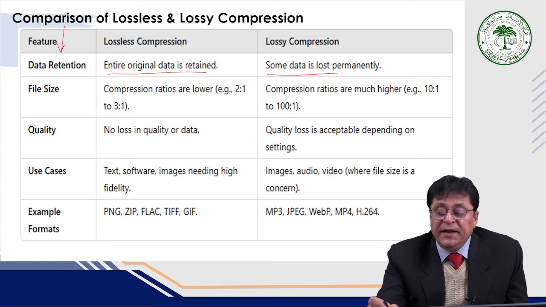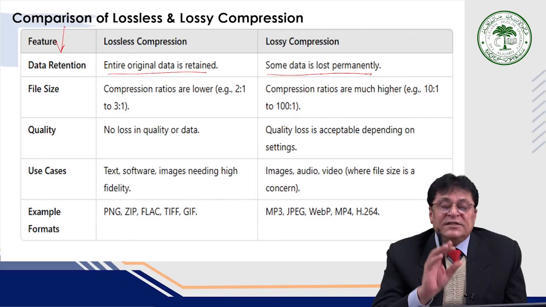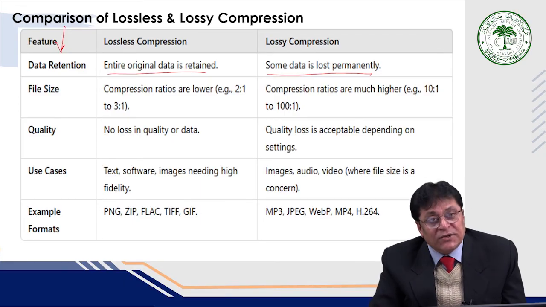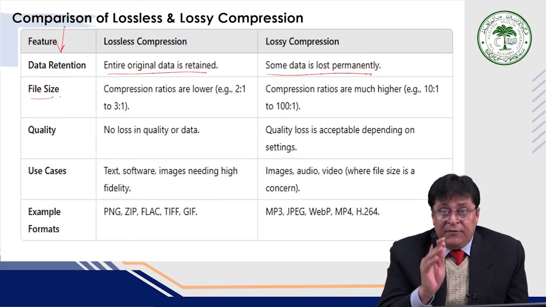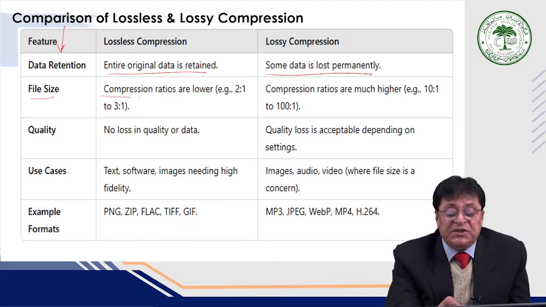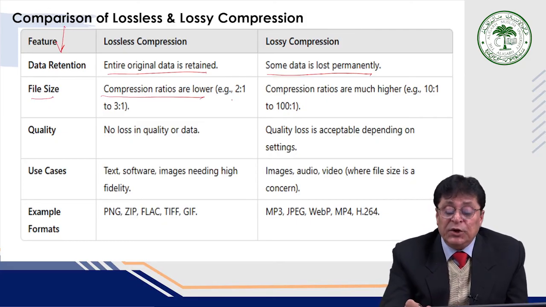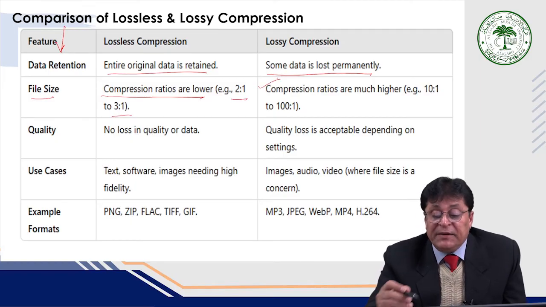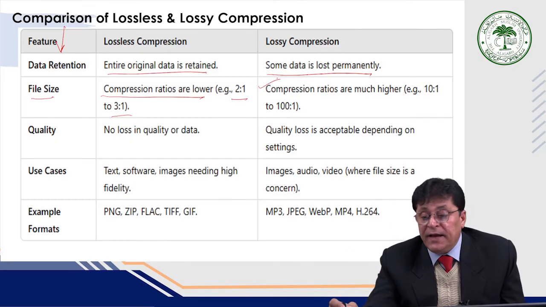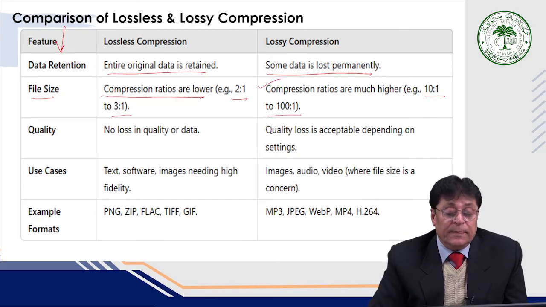But in case of lossy compression, some of the data is permanently lost. File size: the compression ratios are lower in case of lossless compression, at 2:1 or 3:1. But in case of lossy compression, it is very, very high. As you can see, 10:1 up to 100:1 is possible.